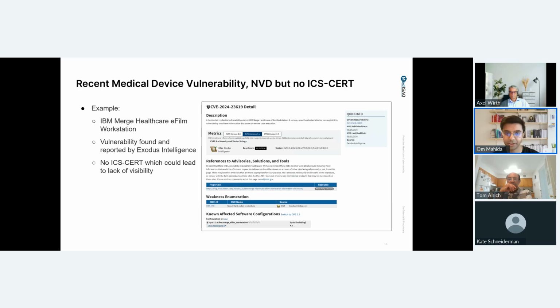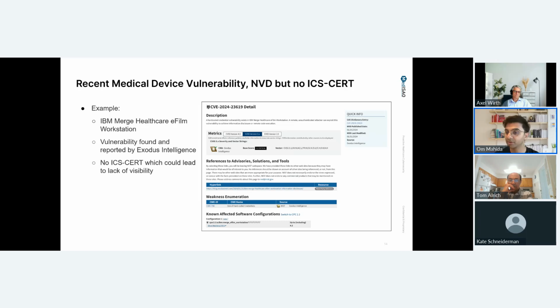IBM might even have a page about this vulnerability, but there's no ICS-CERT advisory for this actual security issue impacting this medical device, which leads to the question: how would a hospital or an end user of this workstation find out about this vulnerability? They would either happen to be monitoring IBM's communications about disclosing the vulnerability, or themselves be going to the NVD and searching and trying to find this on their own.